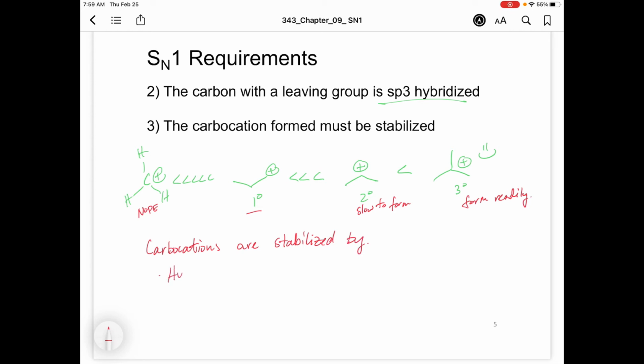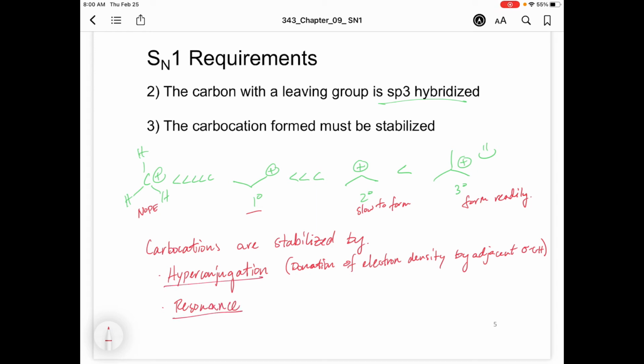So we've got hyperconjugation, which is the donation of electron density by adjacent sigma CH bonds. And resonance is the second stabilization factor here. So we've got hyperconjugation and resonance.